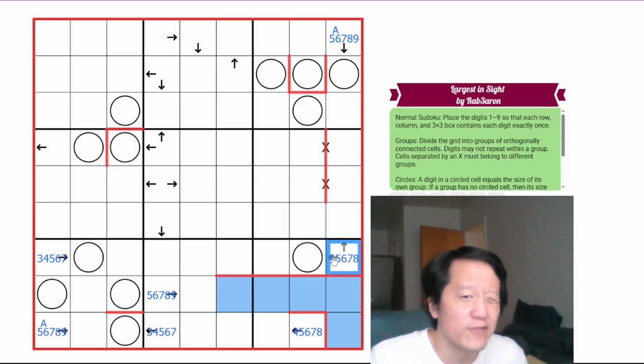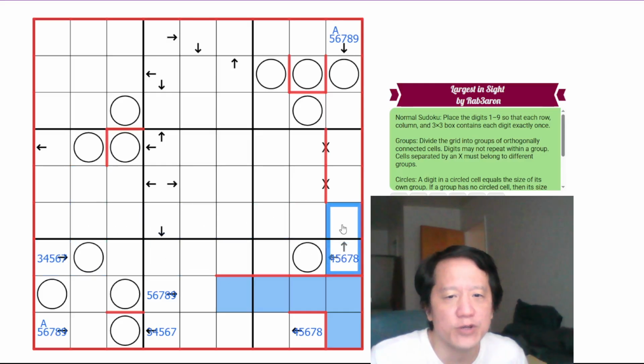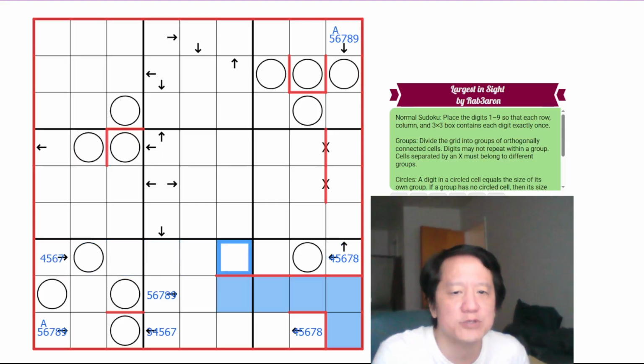Then you could have 3 going here, maybe 2 going here, maybe 1, 2 going here, but that's not large enough. You don't have enough 3s in these rows for that to happen. So this can't actually be 3, which means this can't be 4, which means this can't be 5. So this can't be 5. It's at least 6 in size.